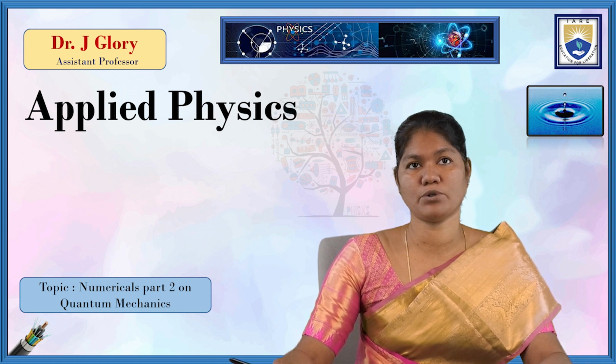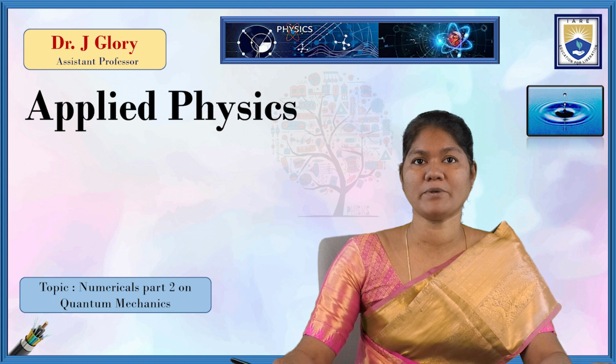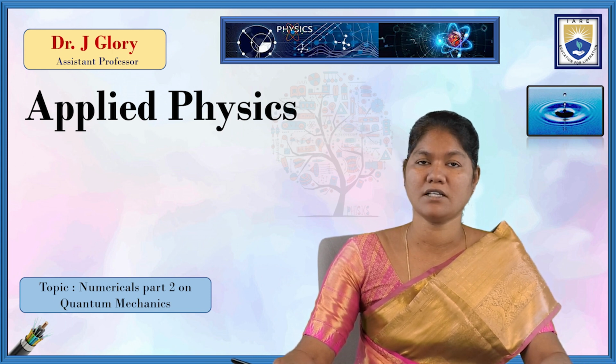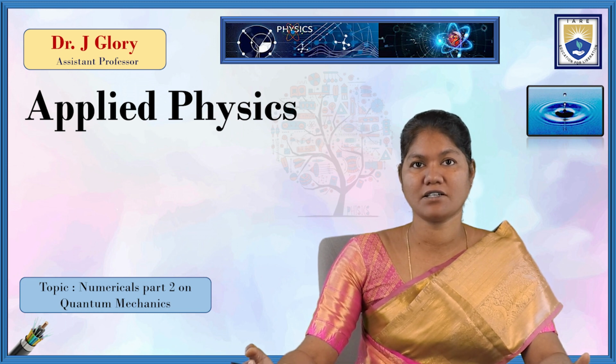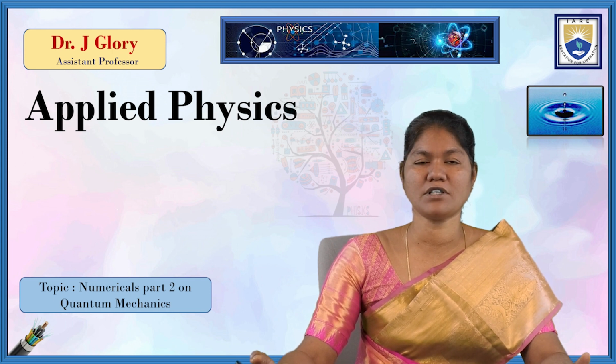Today, I wish to talk about a topic in quantum mechanics. We are going to see numerical problems in quantum mechanics in the second part. In the previous session, we discussed numericals related to the de Broglie wavelength.